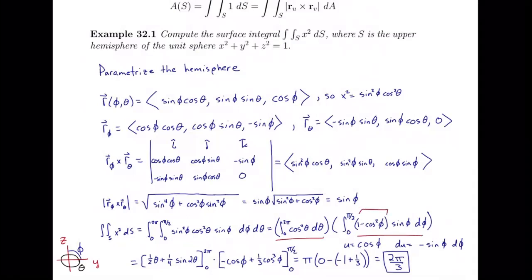And that choice has been made to use a u substitution and resolve that integral. And, well, cosine squared theta has this as its antiderivative. This is the antiderivative of the other integral. Apply the limits of integration, and we'll have 2 pi over 3 in the end. Fairly simple answer for a fairly complicated approach.